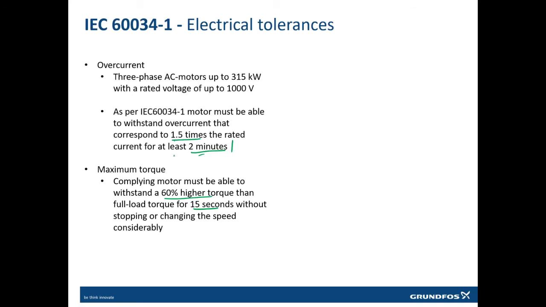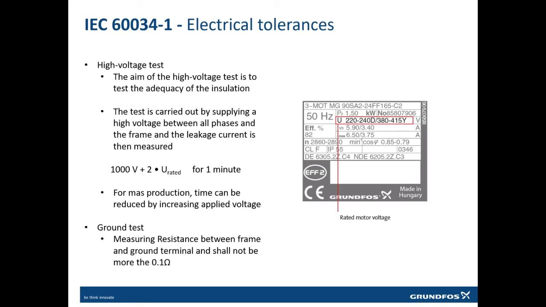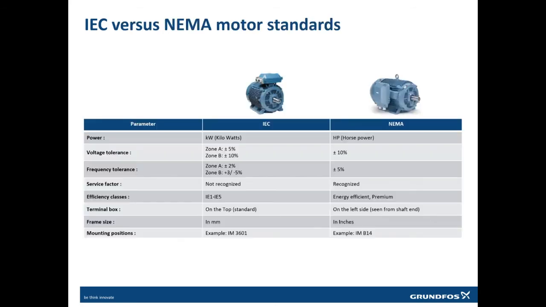So this is how the electric motor protection is made. High voltage test, you need to do the high voltage test, which is 1000 volts for 1 minute, and the ground test you need to do.